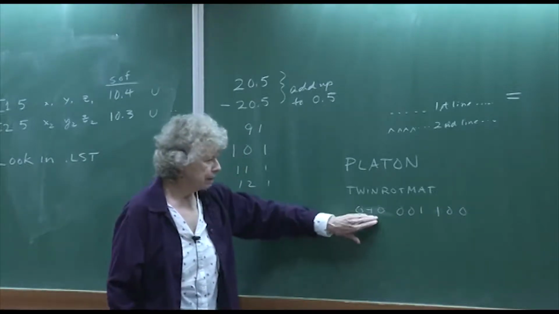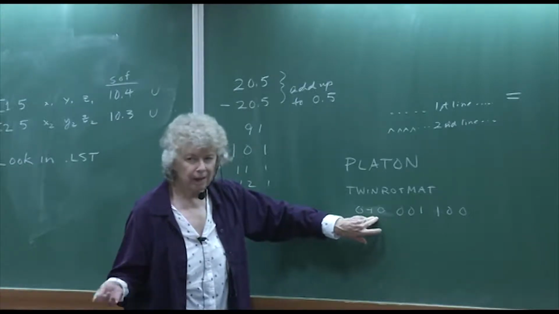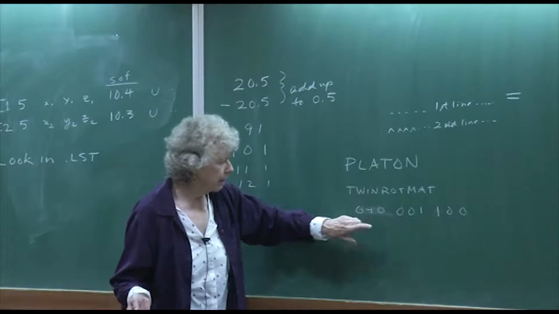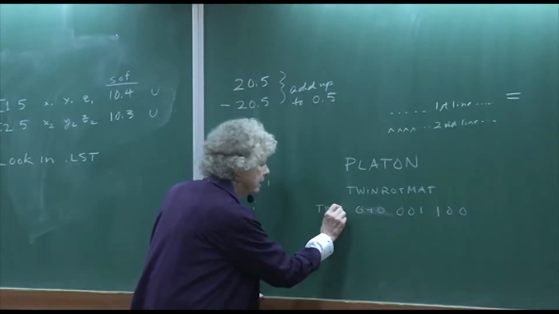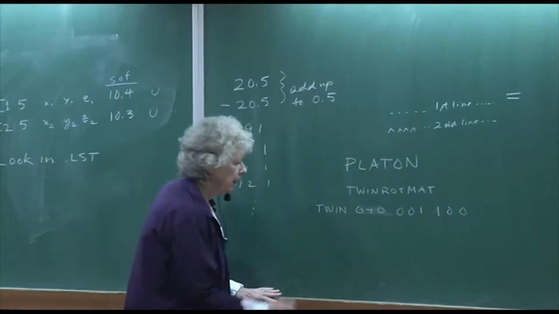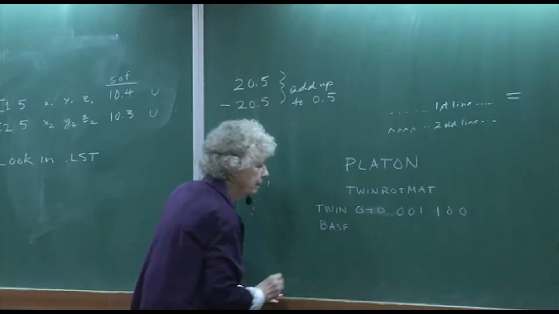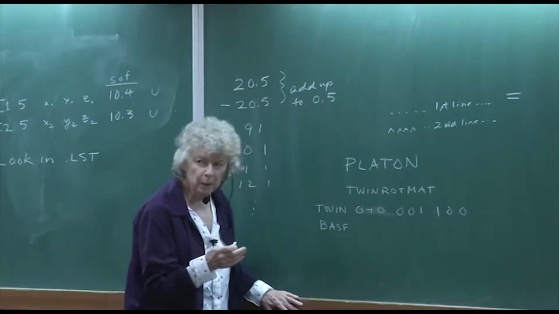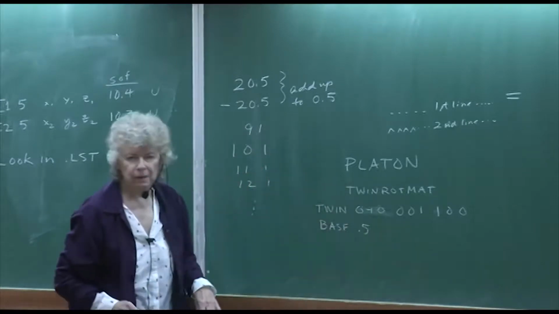So in your ins file, keeping the HKLF4 file, not using the HKLF5, you just input this matrix as a line that says TWIN, and then you need to have a BASF line as well to give an estimate of the 2 different twin components. So you can start out with 0.5 if you don't have any feeling for that.